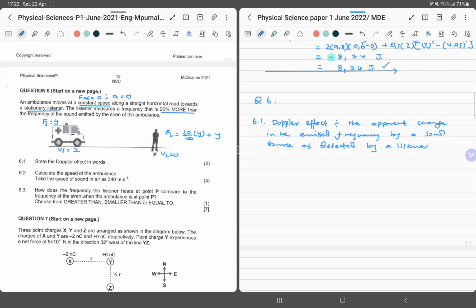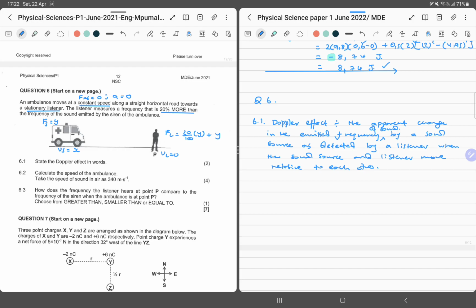In the emitted frequency of sound by a sound source, or we can say by a source as detected by a listener when the sound source and listener move relative to each other.